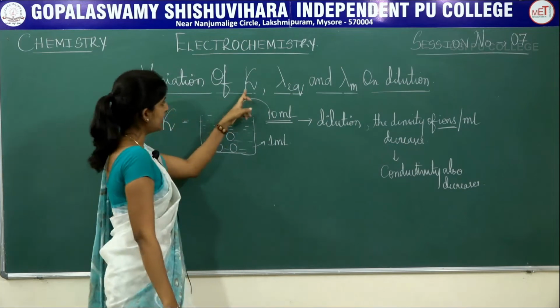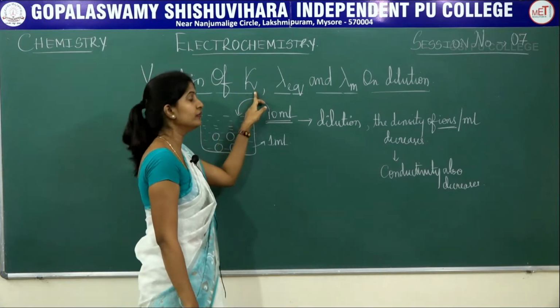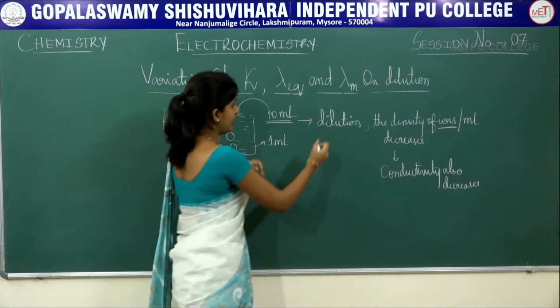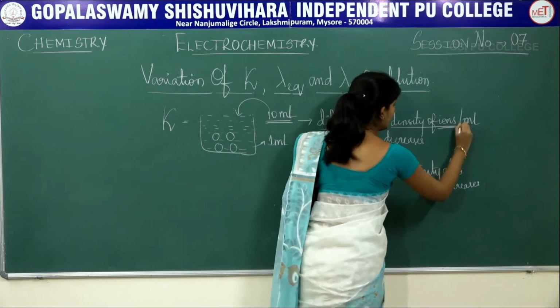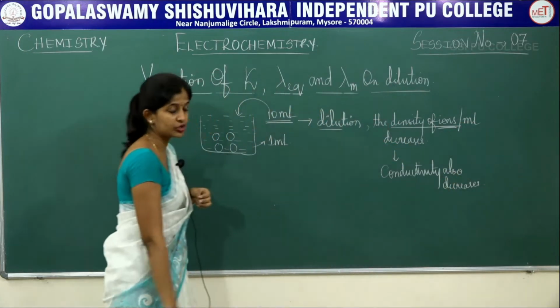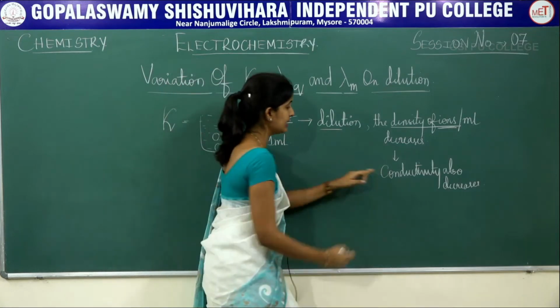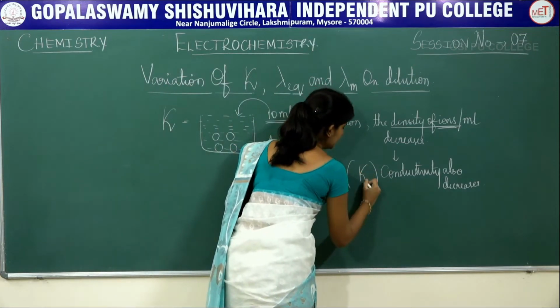So upon dilution, the specific conductance will decrease. Why? Because upon dilution, remember, the number of ions per ml of the solution decreases. As a result, the conductivity, that is your specific conductance, decreases.